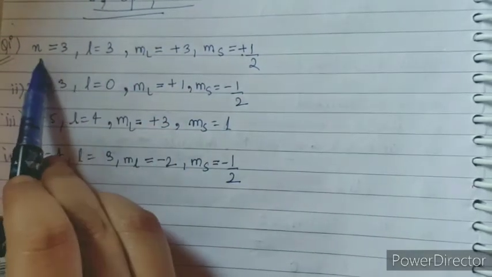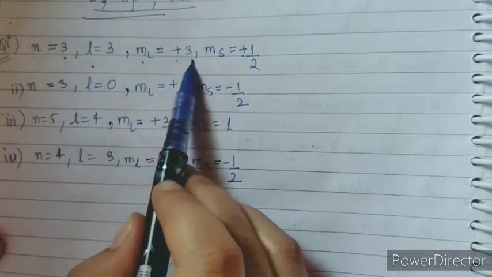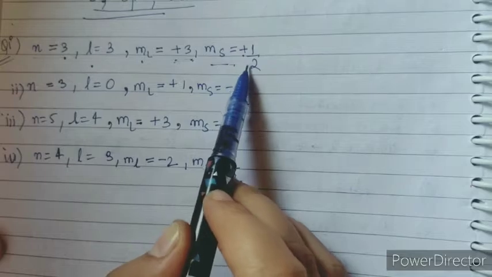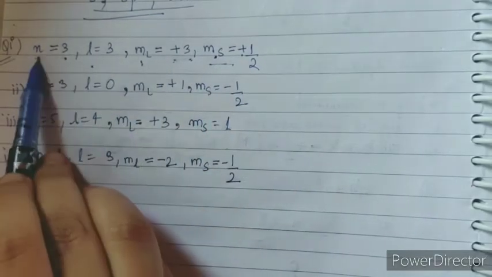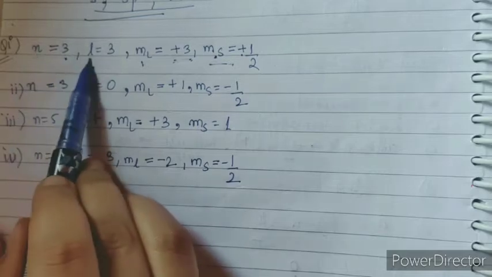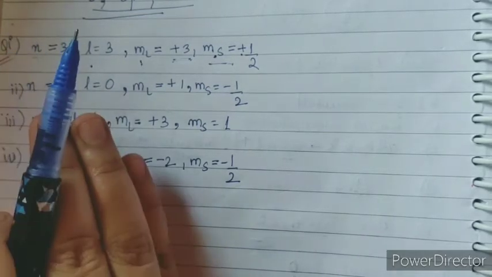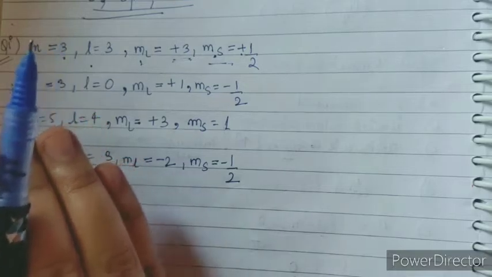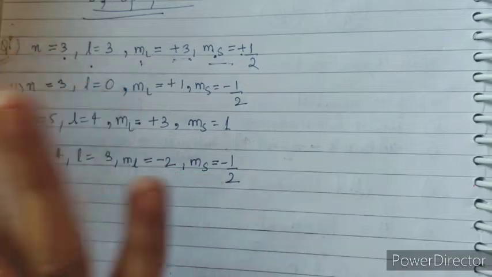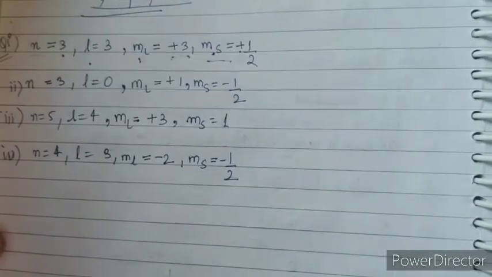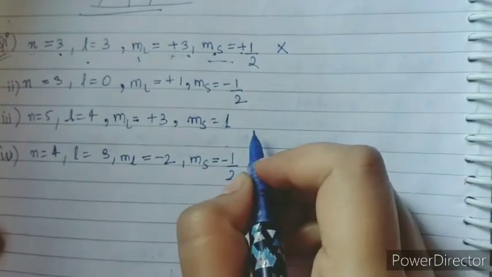The first one is n equals 3, l equals 3, ml equals plus 3 and ms equals half. Here n is the principal quantum number, l the azimuthal quantum number, ml the magnetic quantum number and ms the spin quantum number. It is not possible because the value of l cannot be equal to n in any situation. So the first condition is wrong.